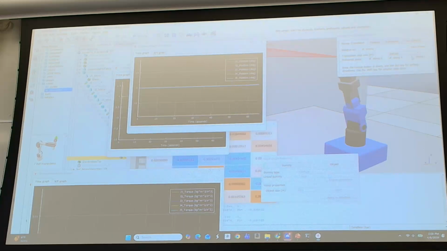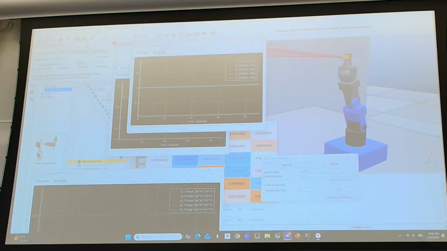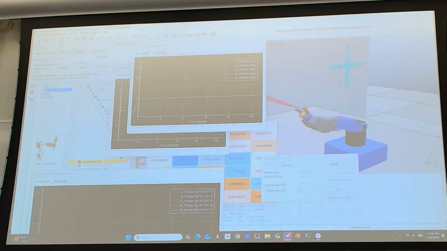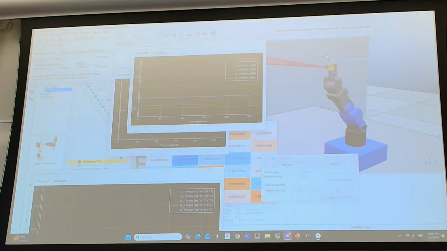So it goes a lot faster, right? Because I changed that velocity limit. So now it can go a lot faster. It does.